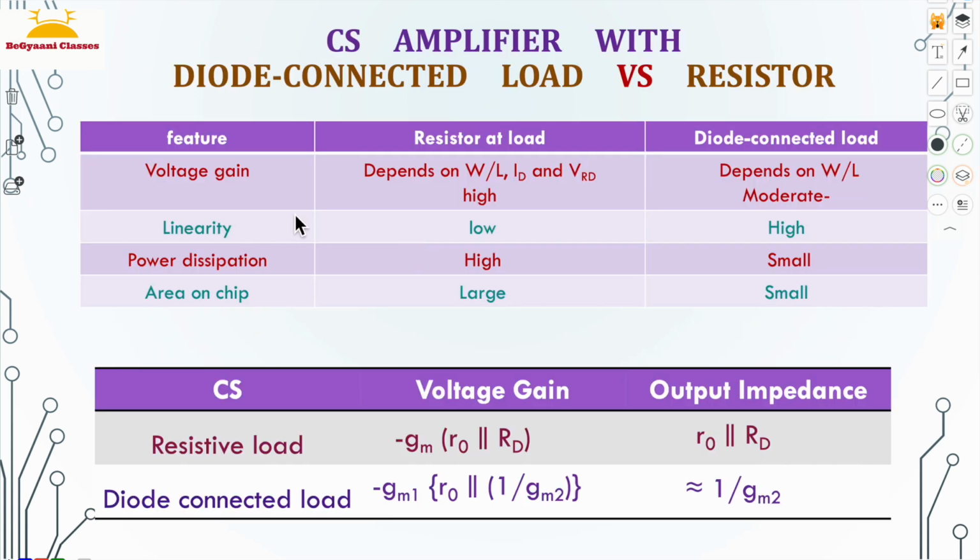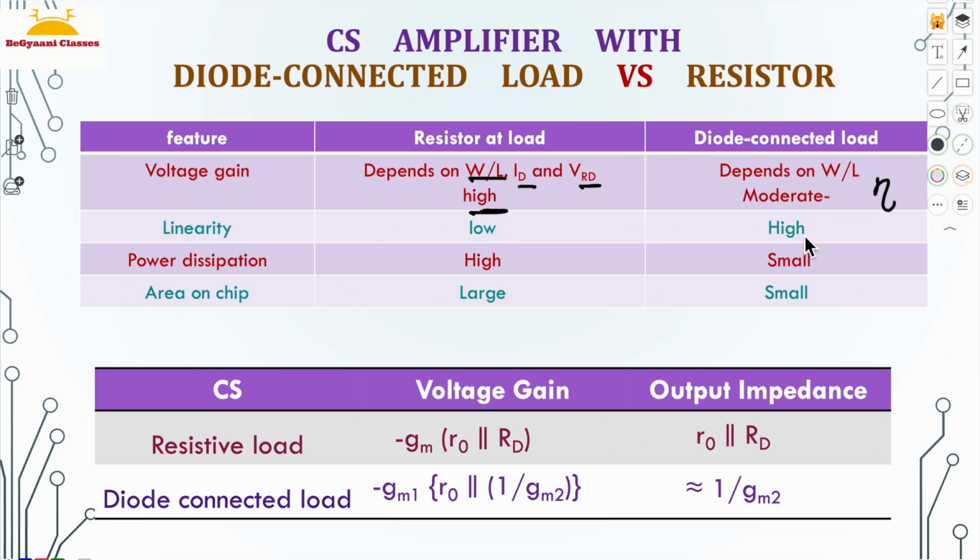Now let's compare the two versions of the common source amplifier that we have studied till now. First of all, the voltage gain with resistor load is larger than with diode connected load. In the case of resistive load, the voltage gain depends on the aspect ratio, the bias current and the voltage across the load, while in the case of diode connected load, if eta is stable, then the voltage gain is affected only by the aspect ratio of the MOSFETs.